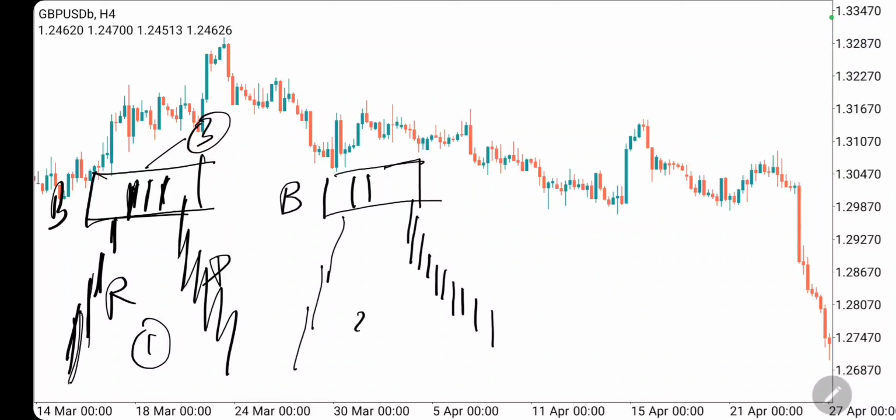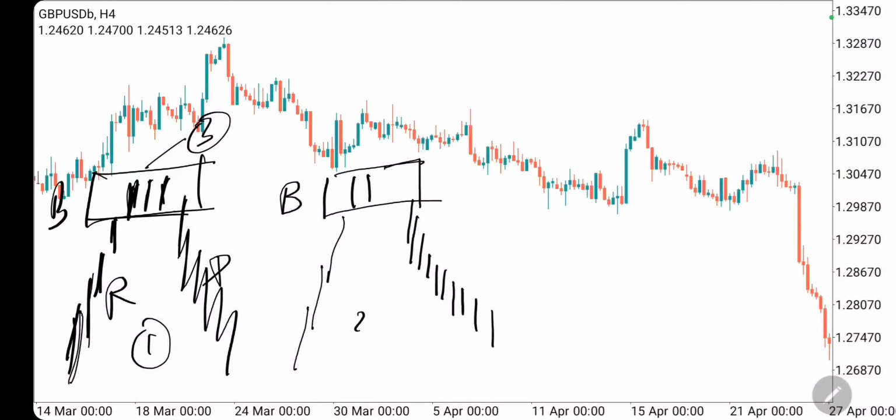So what do I mean? Let's use the supply zone as an example. You have a candle. This is a candle. This is another candle. This is another candle. Now we have 3 candles at this base here. This is a rally and this is a base.